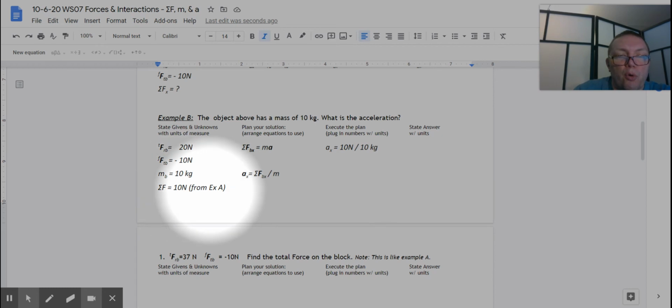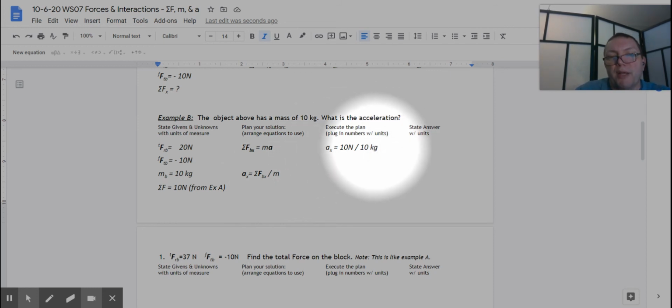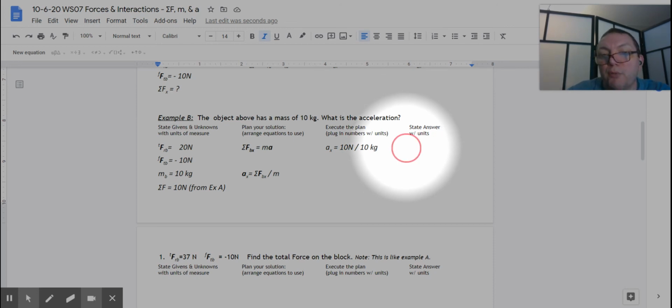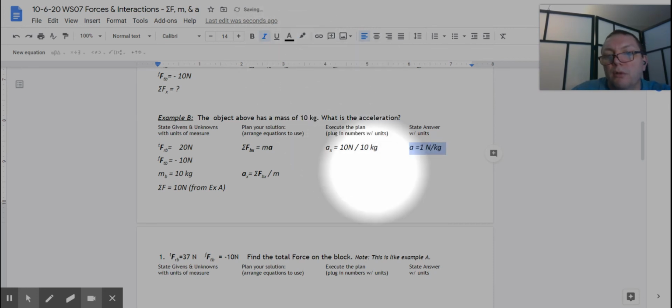So we already know the total force is 10 newtons. When I say the acceleration is the sum of the forces divided by mass, I can say acceleration is 10 newtons divided by 10 kilograms. So when I go over to state my answer, I can say that when I divide 10 newtons by 10 kilograms, I get 1 newton per kilogram.